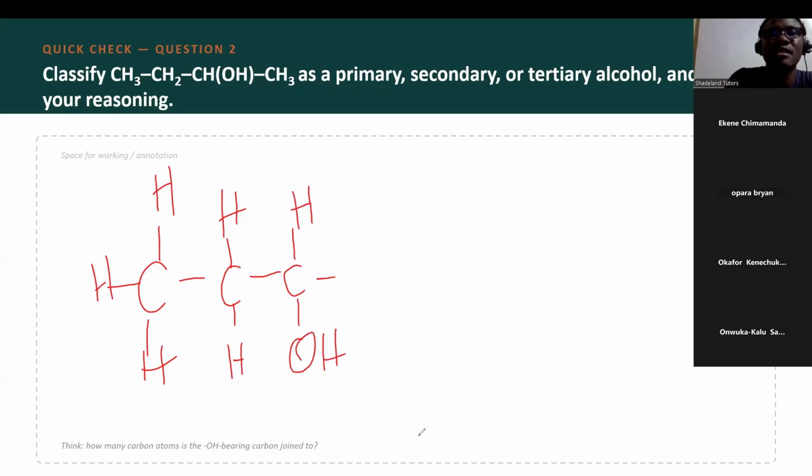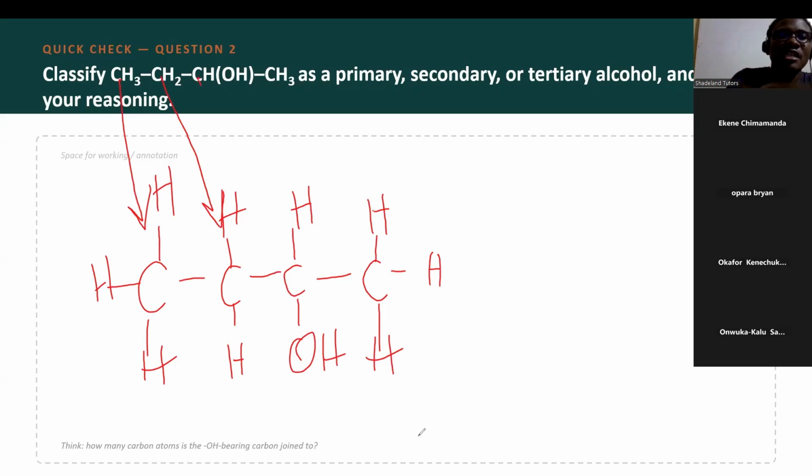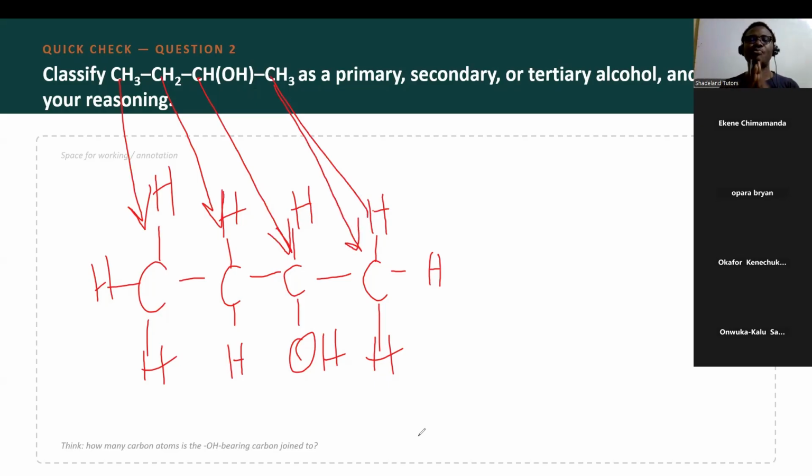Then CH3 like this. So this is the expanded structure. To avoid confusion, this is the first CH3, this is the CH2, this is the CHOH, then this here is the last CH3. I believe this is very clear to everyone.